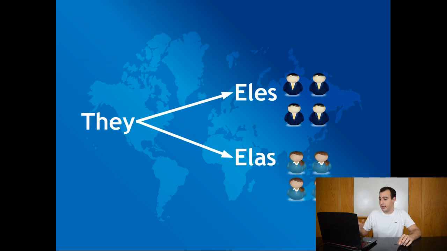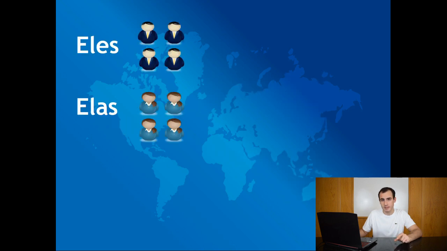Pronoun they. As I have already told you, there are two ways to say they in Portuguese. You can say eles for a group of males or masculine objects, and you can say elas for a group of females or feminine objects. So eles and elas.